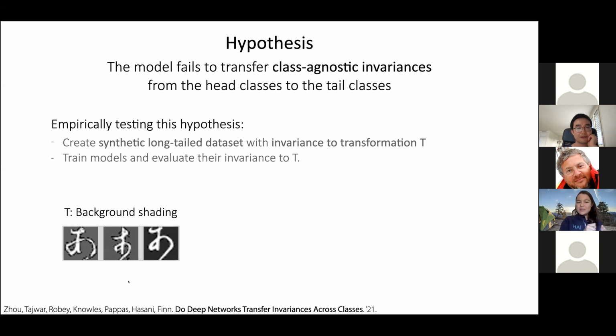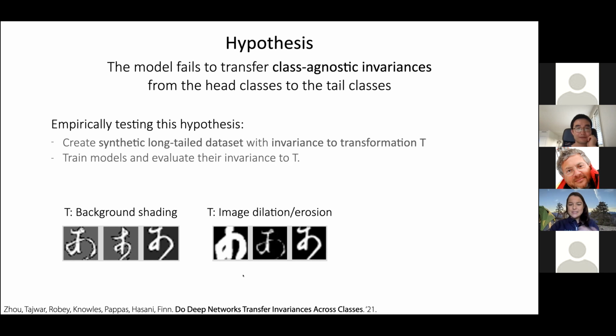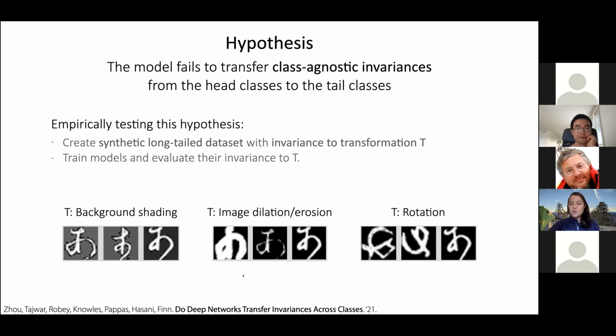And importantly, we're going to do the augmentation before we create the long tail shape of it, so that this part of the distribution in the tail doesn't have a lot of data of this invariance. We'll likewise do this for other invariances like image dilation and erosion or rotation of the digit. And so I'll be from the K49 data set.